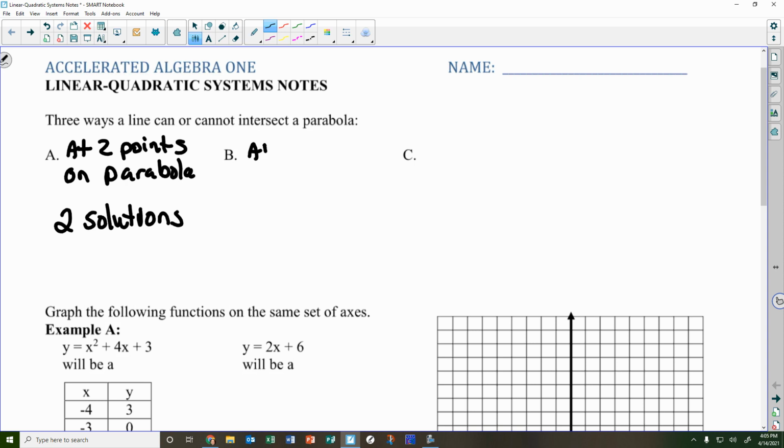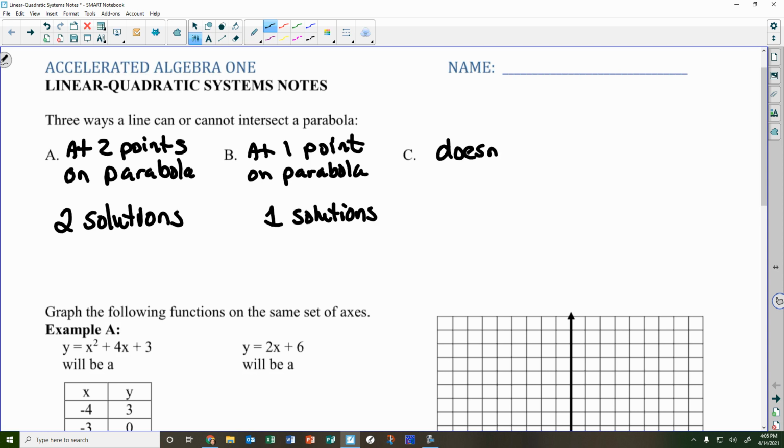It can also intersect at 1 point on the parabola, which it would have only 1 solution. And then, of course, you could have it where it doesn't intersect with the parabola at all. And when that happens, there is no solution.